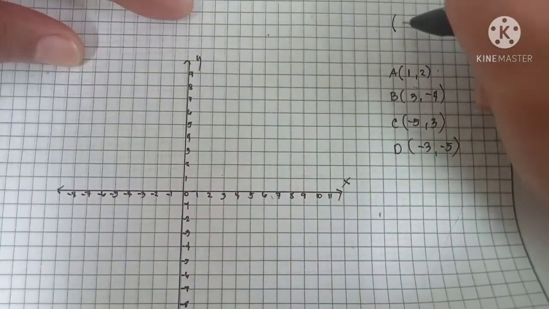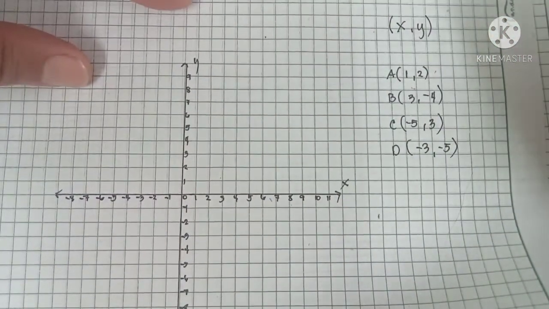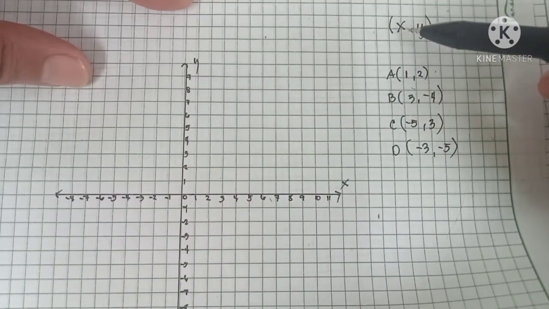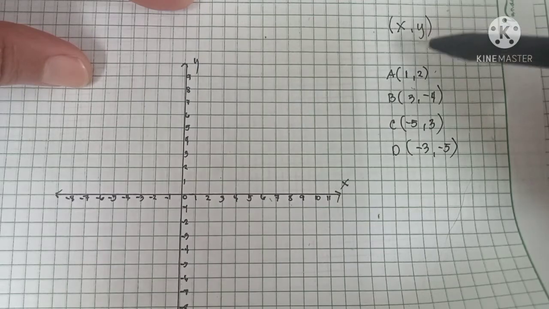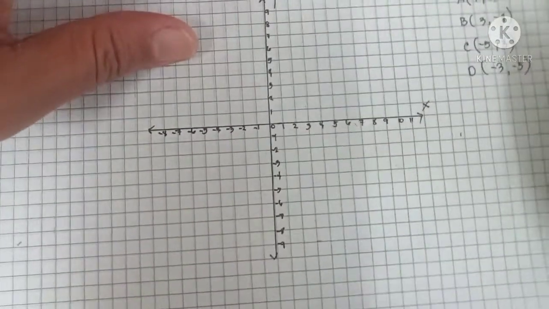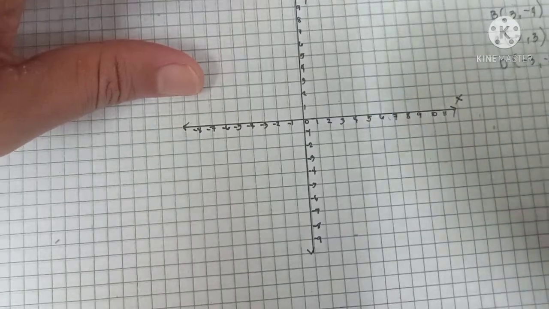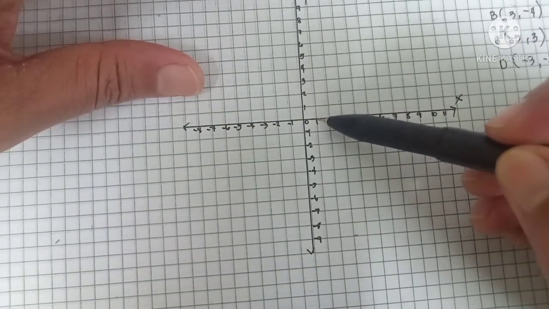So always remember that in an ordered pair, the first number is x and the second number is y. So therefore, this is x and this is y. Okay? So where can we find x, which is 1? So that is located here.